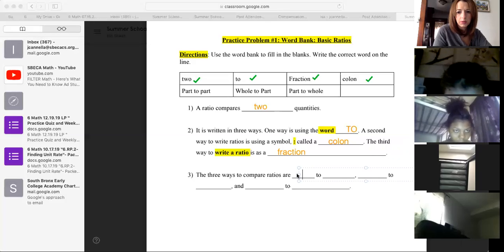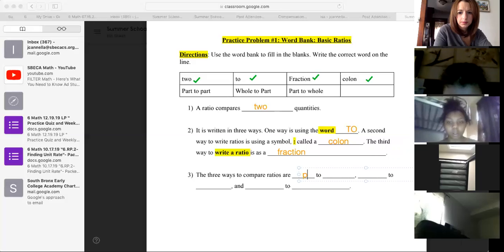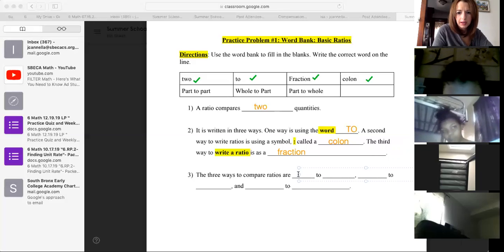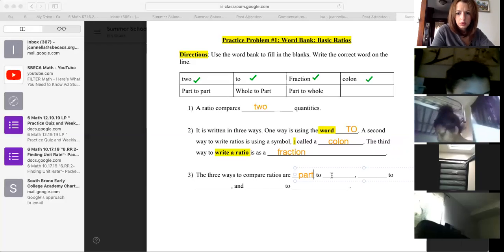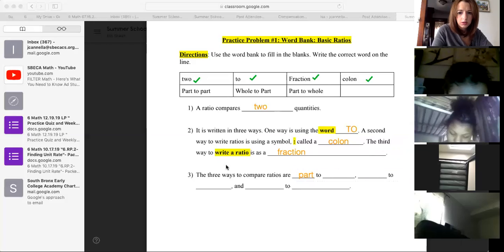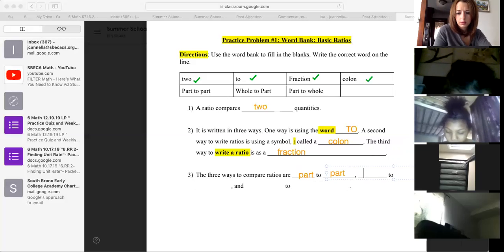Part to, give me one. Help me out. Look on the word bank. It's right there. Part to part. Good, give me another one. Part to whole and whole to part. Excellent.